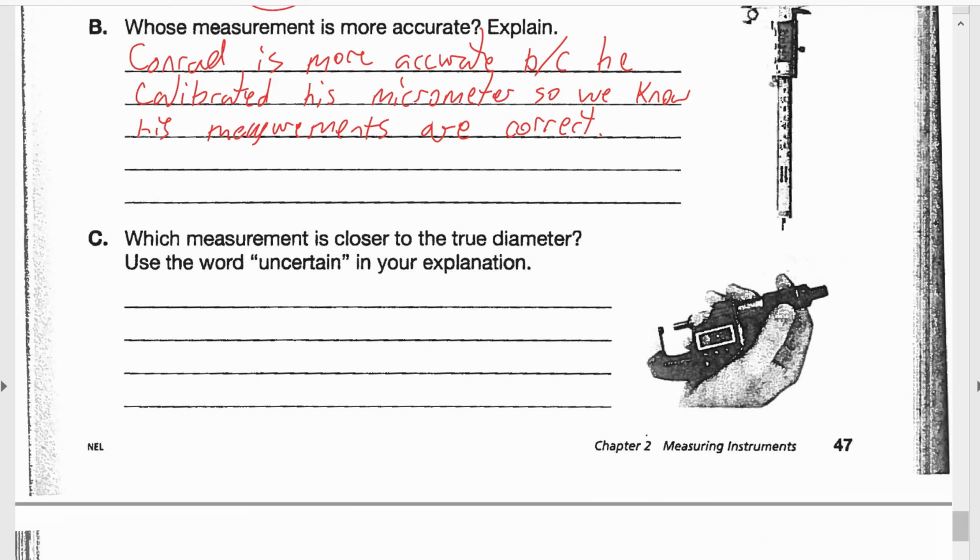Which measurement is closer to the true diameter? Use the word uncertain in your explanation. Conrad's is closer. Nadia's has more uncertainty because she didn't calibrate it.